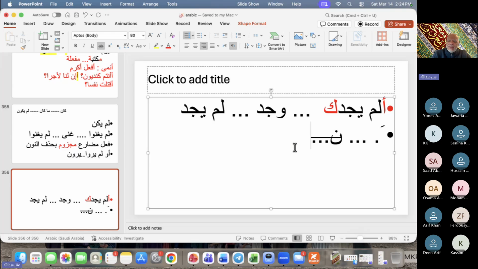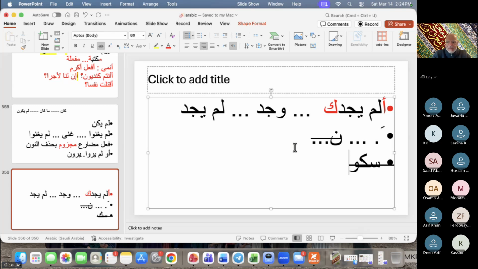In the jussive, which is with lam mostly, we use sukun. We use the sukun, which is now the marker that we use for the first time. We have never seen sukun used before as a marker. Or dropping the noon.